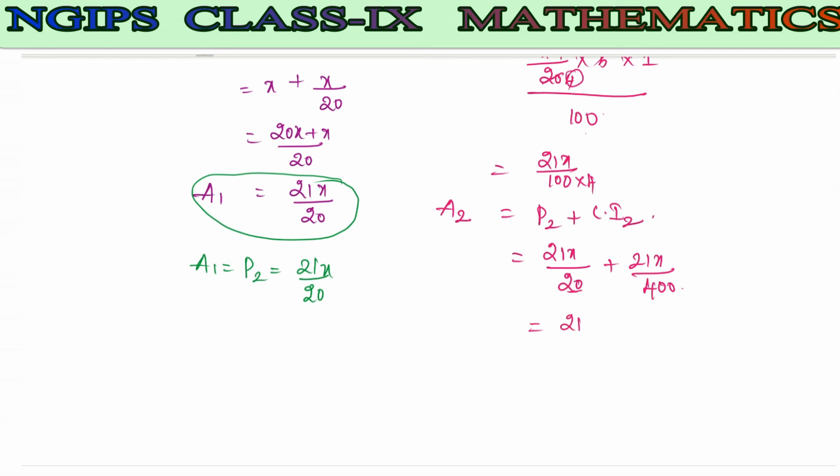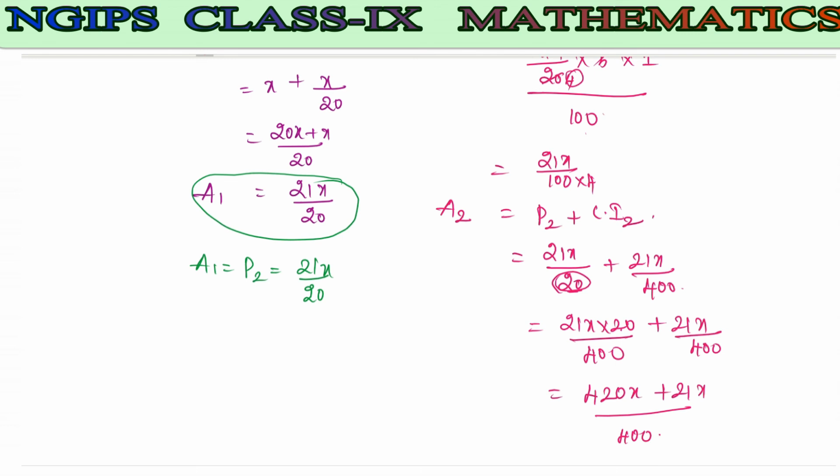So 21x into 20 plus 21x, over 400. To get 400, I have multiplied 20 in both numerator and denominator. So 20 into 20 you will get 400. So here 420x plus 21x divided by 400.